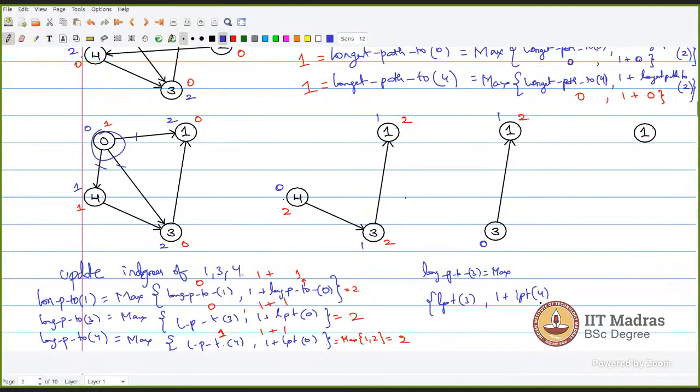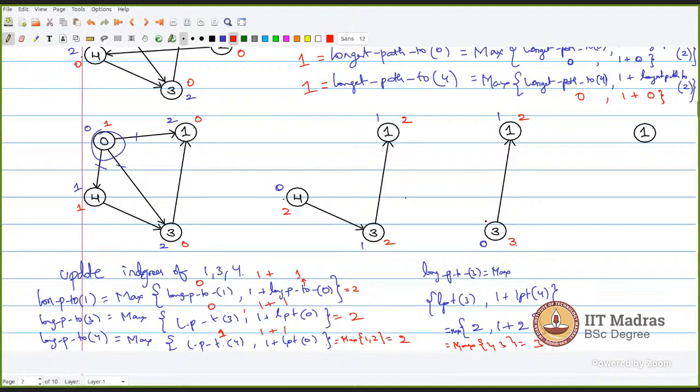This is the vertex we removed. LP3 is 2, comma 1 plus LP4. The longest path to 4 is 2. So what is max of 2 comma 3? This is 3. So this is how it will update. This will update to 3.